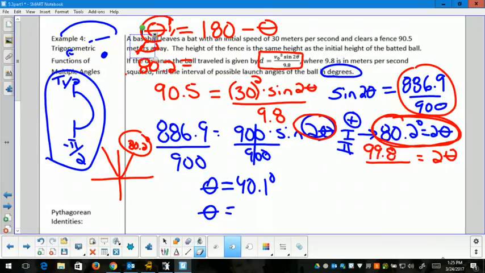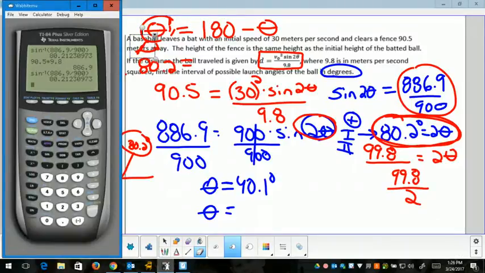But that's equal to 2 theta, so I have to take the 99.8 and divide by 2, which I'm going to do here. What is it? 49.9.